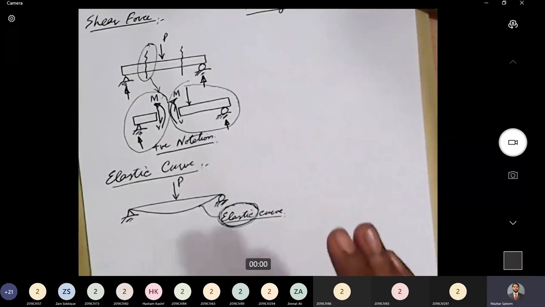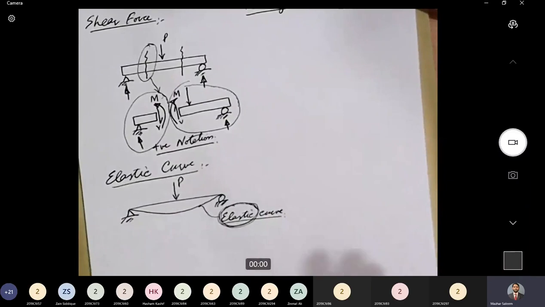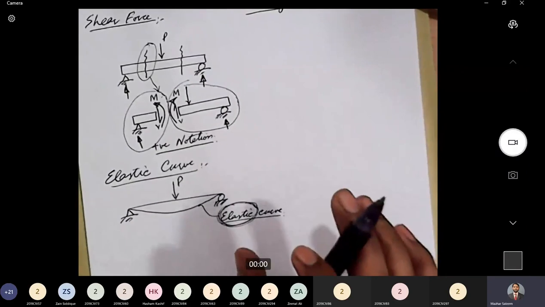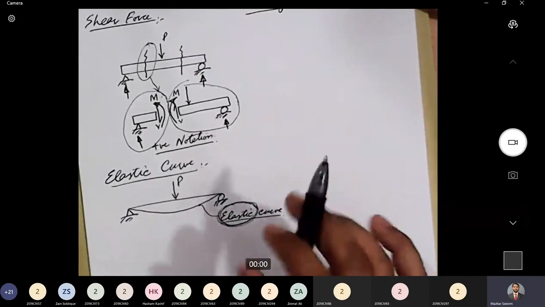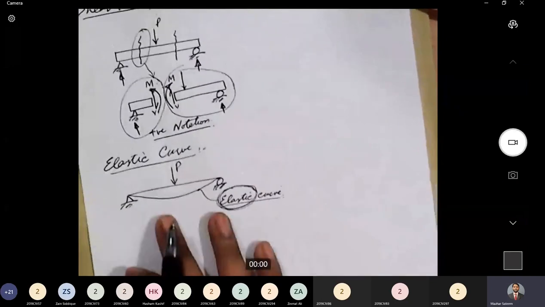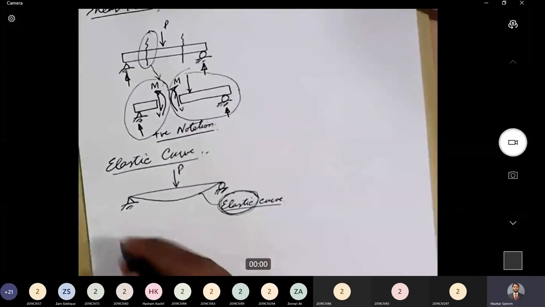So in this course, all our discussion will be in the elastic range. We will always be loading our specimens within the elastic range. Okay, so this was elastic curve. And another definition is of deflection.